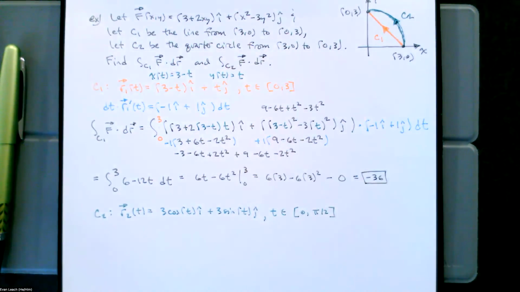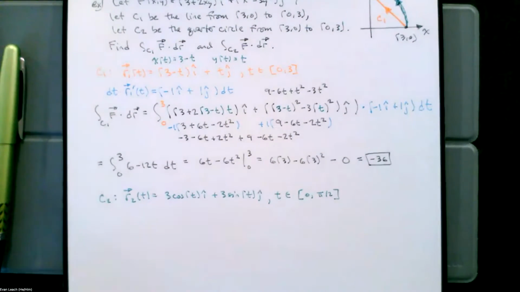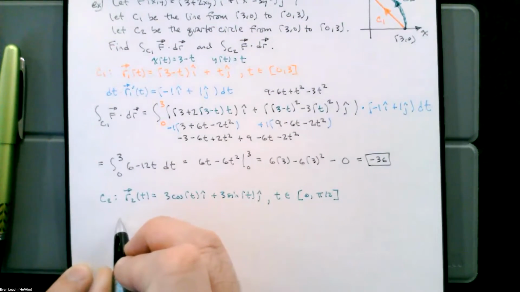We're not trying to do both of these line integrals at the same time. We can use completely different parameterizations for our curves. We're doing a separate calculation, so we can use whatever parameterization that we want. So we're going to use the one that's most convenient to us. That is the one that we know. I need a dt, our R2 prime.